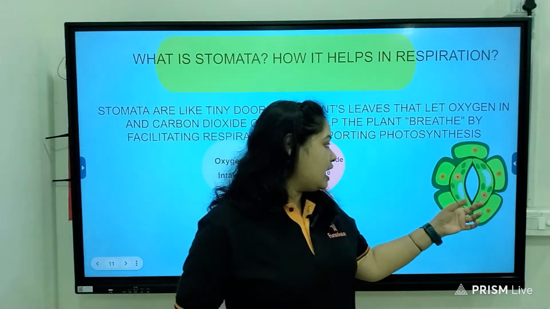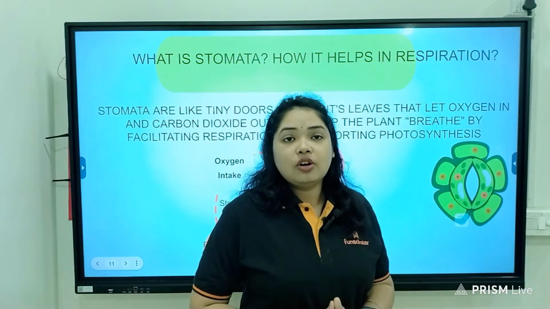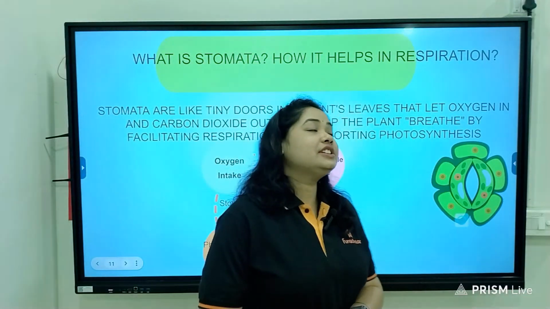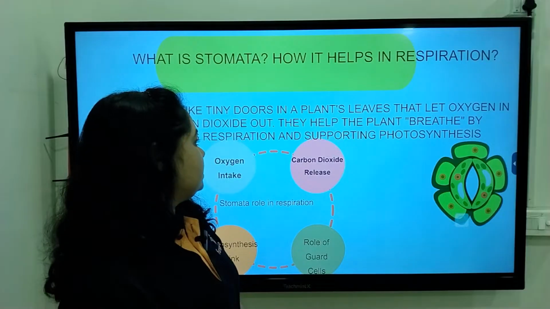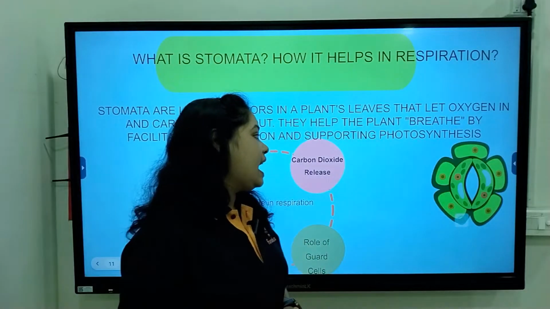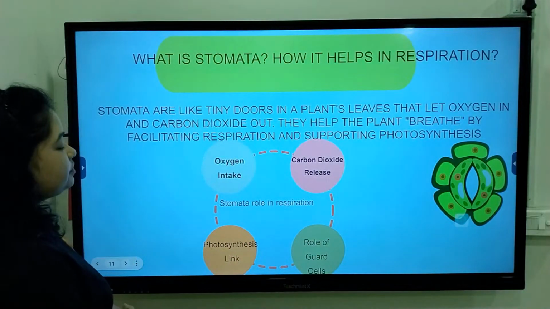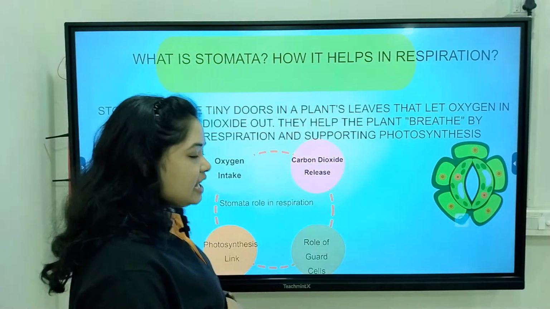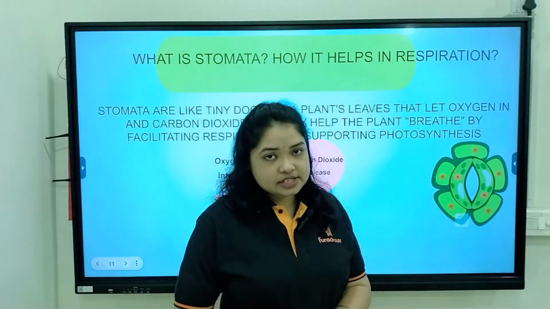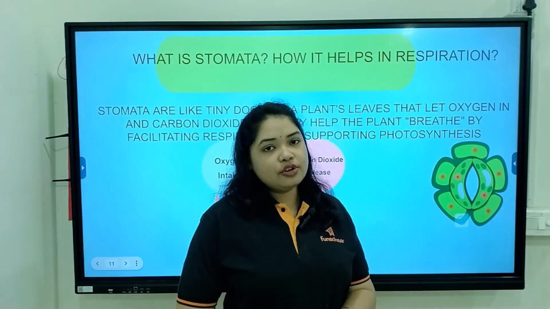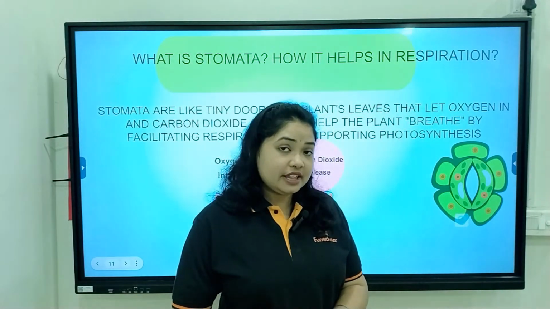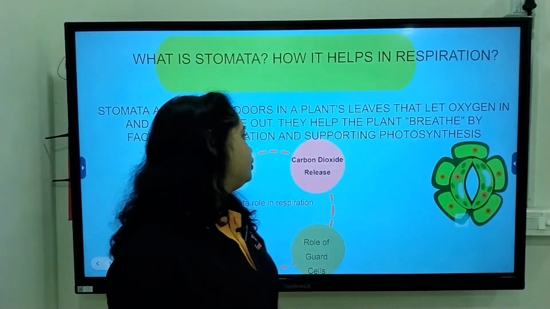So stomata act as a vital spot through which this gaseous exchange takes place. These are the breathing sites of the plants, and they facilitate respiration because this oxygen, just like in animal cells, will reach all the cells of the plant body, and there the mitochondria are present to break down the food prepared by photosynthesis and release energy.